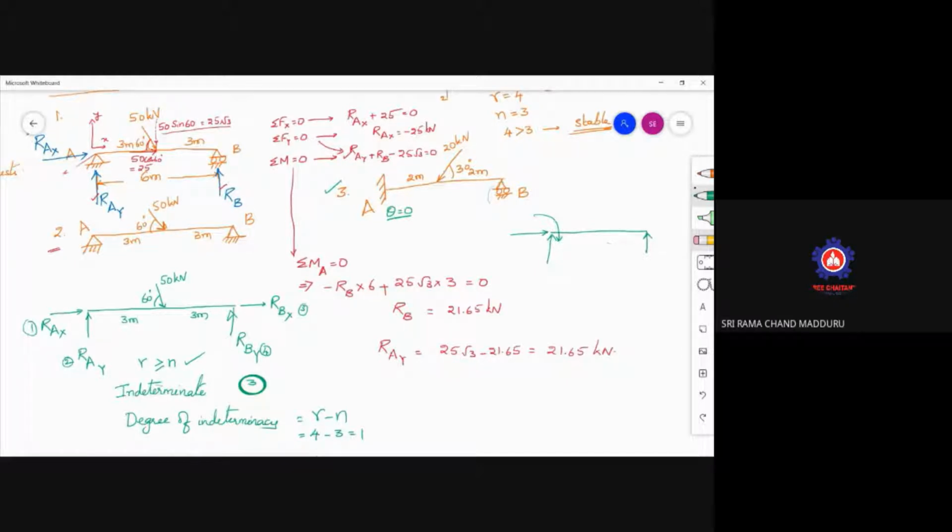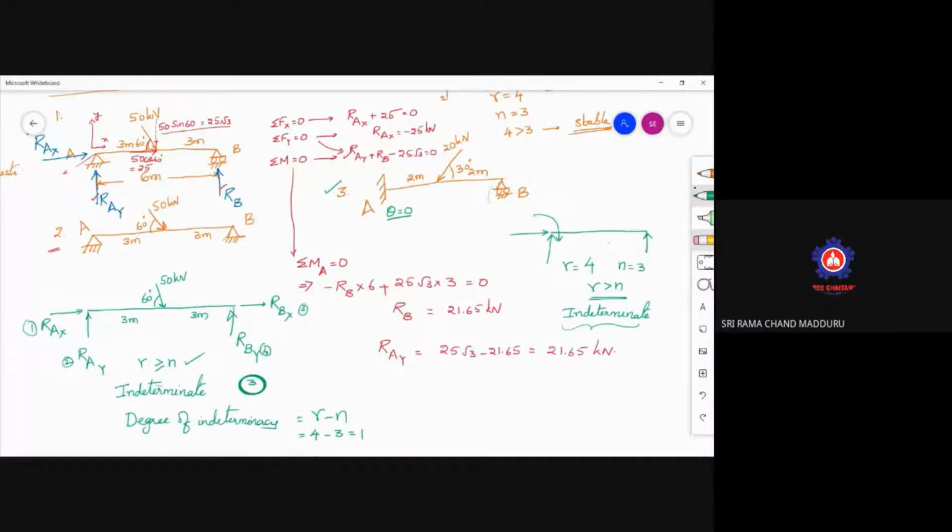Total, how many unknown reactions are there for the given beam? Your unknown reactions are 4, but for the plane structure, the available equations are 3. So R is greater than n. So you can classify this structure as a stable structure, but it is indeterminate. Your normal strength of materials principles or engineering mechanics principles are not sufficient to analyze these structures.